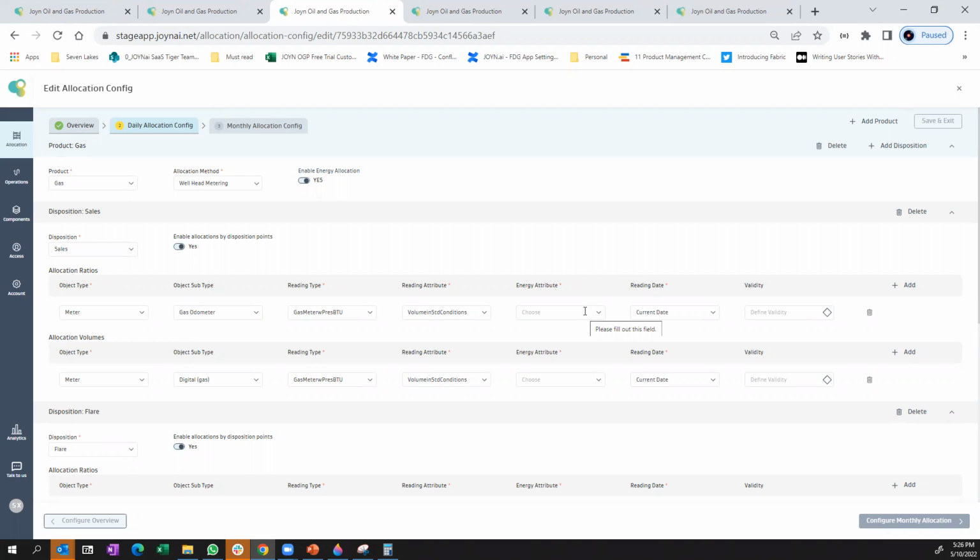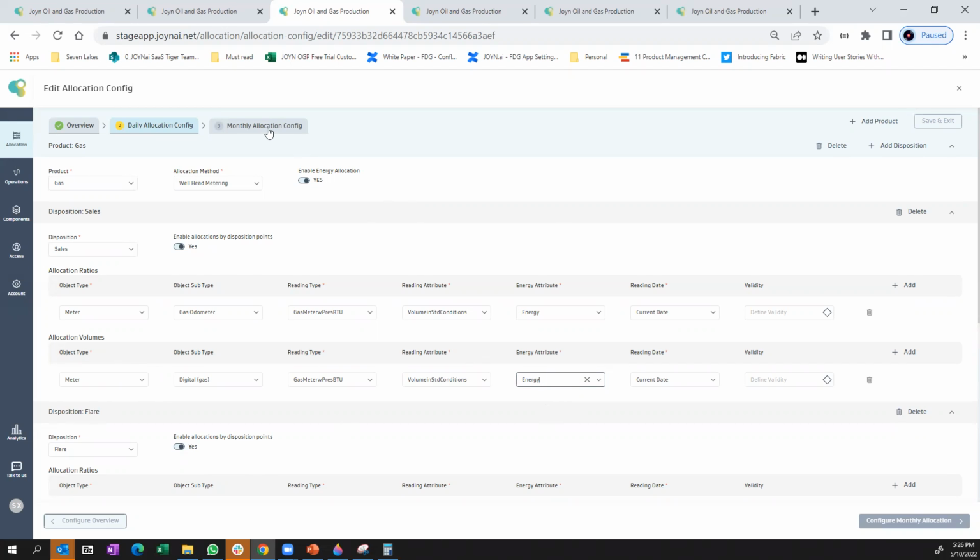And then what you do is you configure which attribute on this specific reading source or reading type is the source of energy for that day, which will be used as a ratio source if it is configured here, and volume source if it is configured as part of the allocation volumes.